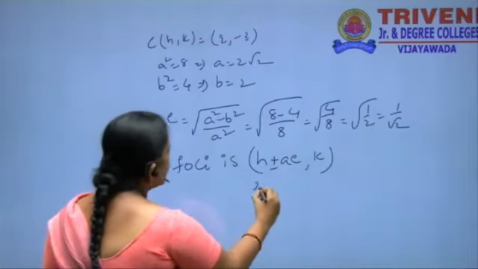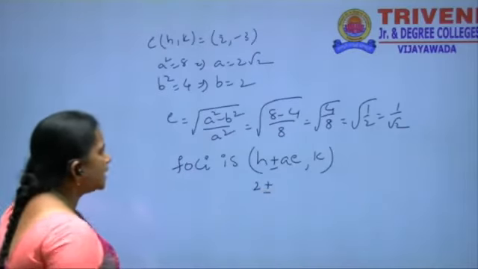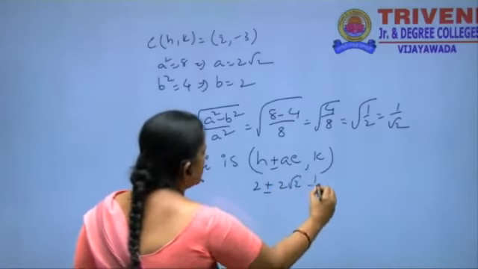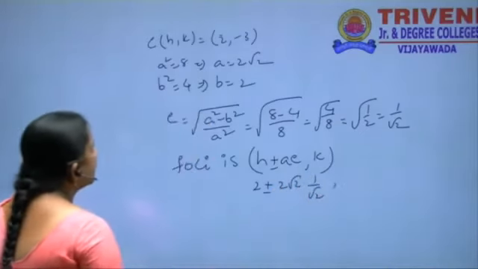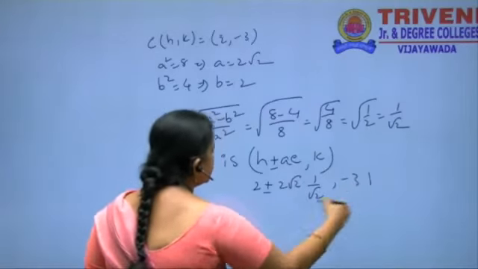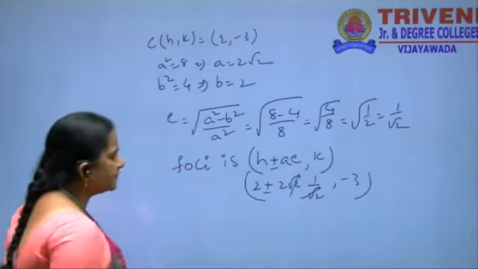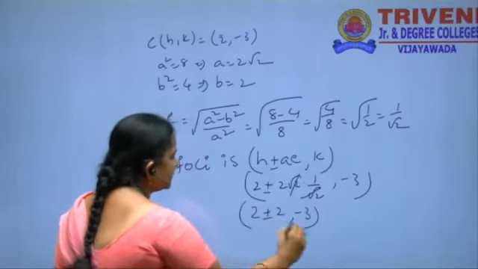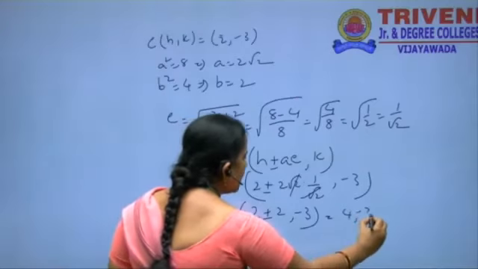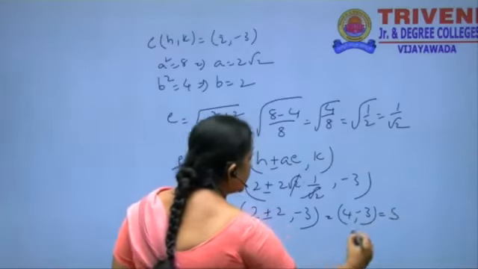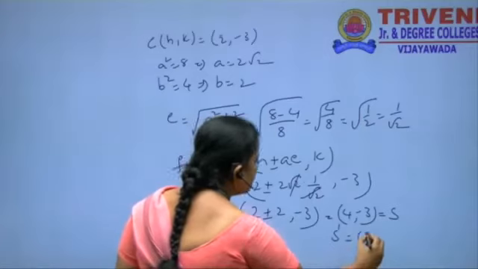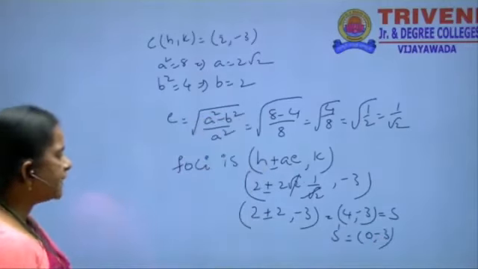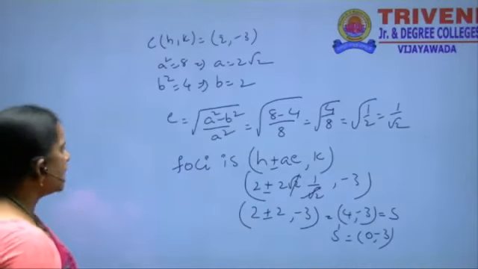The value of h is 2 and the value of a is 2 root 2 and e is 1 by root 2, comma k is minus 3. That is root 2 get cancelled here. 2 plus or minus 2 comma minus 3. That is S is 4 comma minus 3 and S dash is 0 comma minus 3.